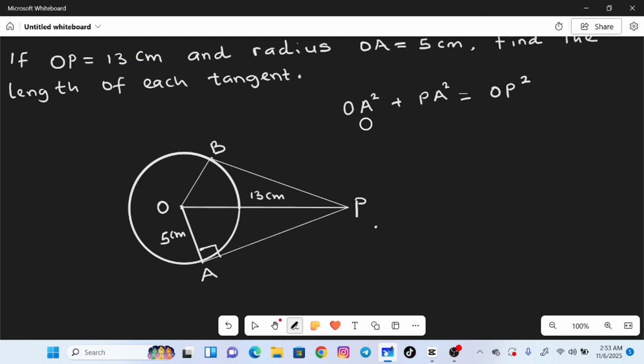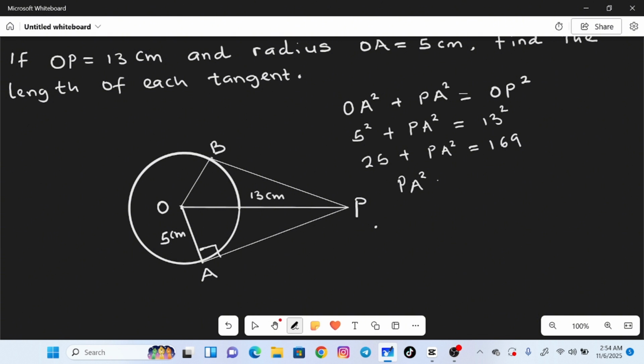Let us substitute them into this equation. 5 square plus PA square equal to 13 square. 5 square is 25. 25 plus PA square equal to 13 square is 169. Let us bring 25 to the right hand side and change the positive sign to negative.